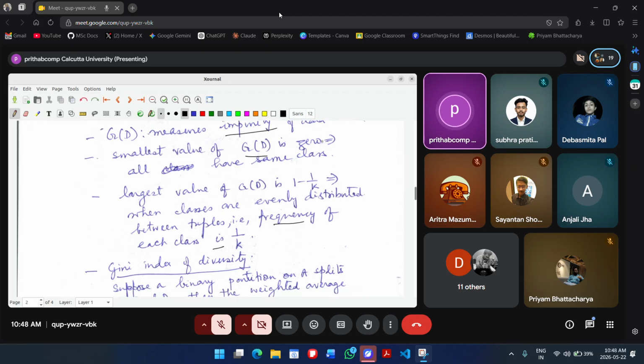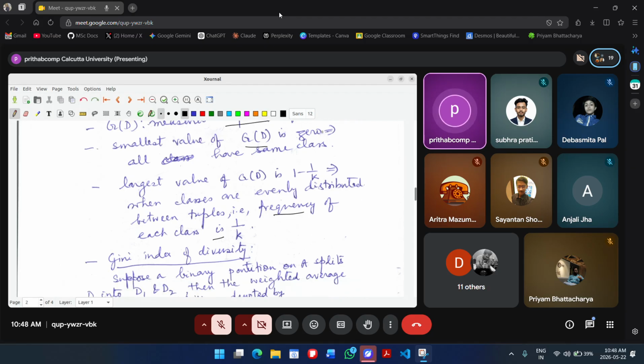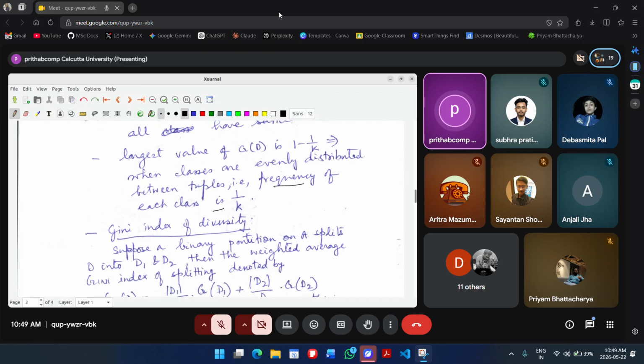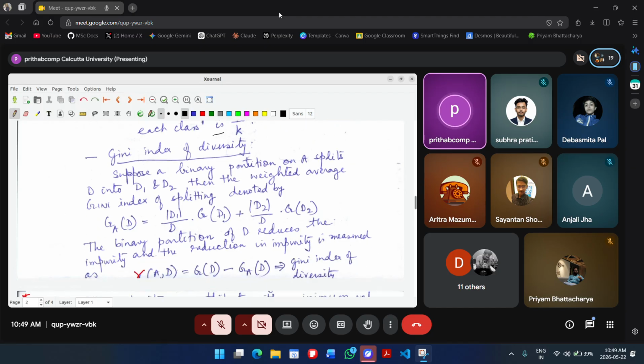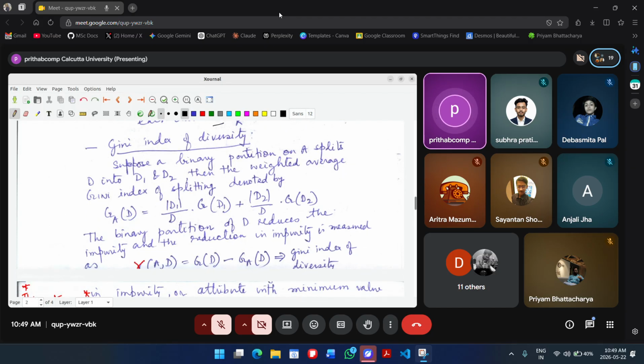Okay. So these are the two extremes that can happen. 0 means everything is pure in that particular set, no impurity, and the other possibility is that everything is very well distributed. So, Gini index is associated with diversity.